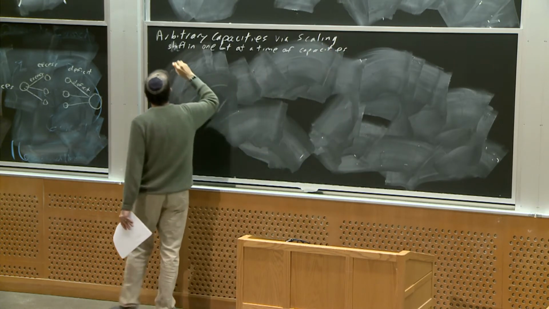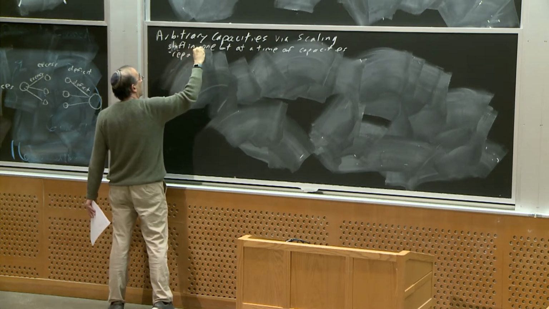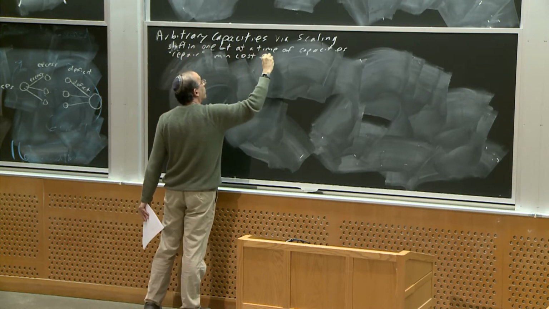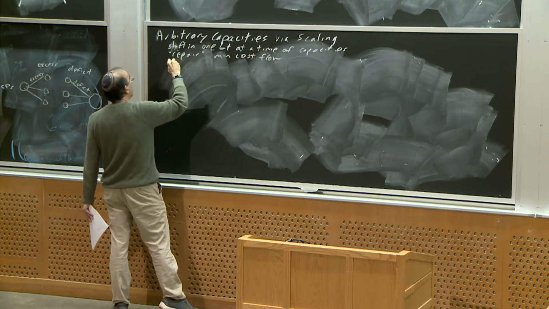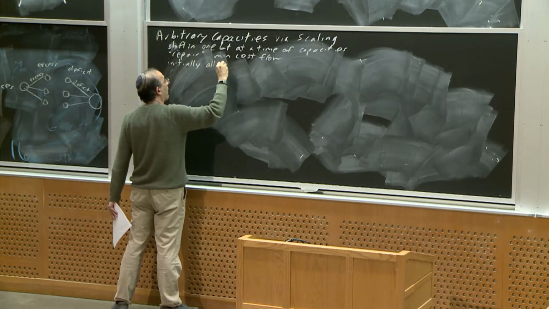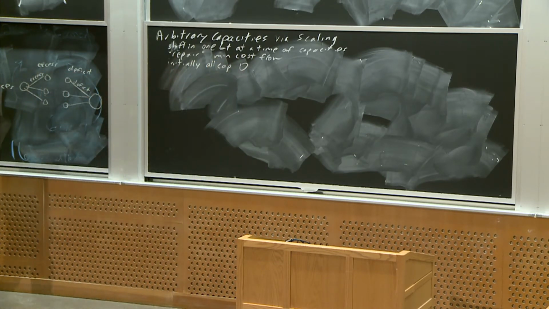And then in each step, we're going to have to repair our min-cost flow. Of course, initially, all the capacities are 0, so we know what the min-cost flow is.